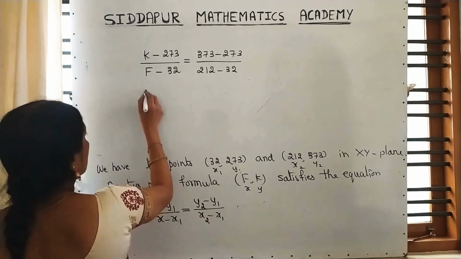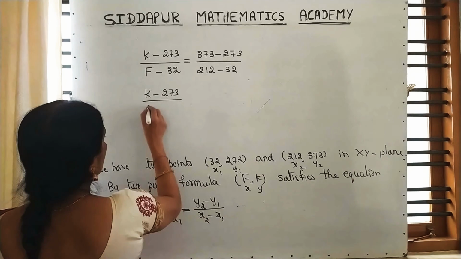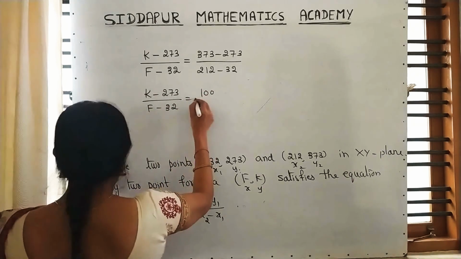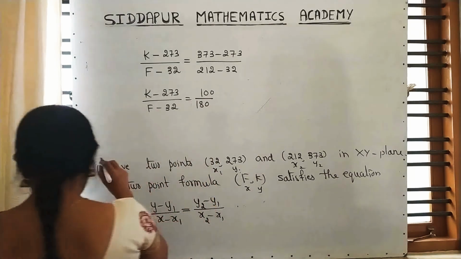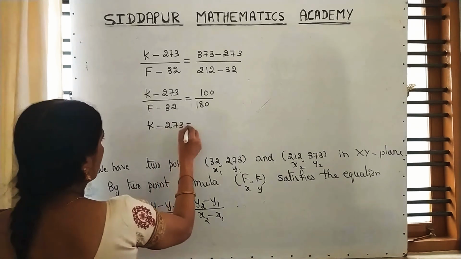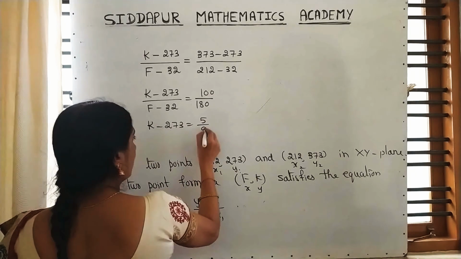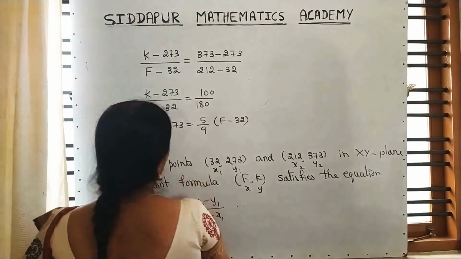Simplify this. K minus 273 upon F minus 32 as it is. This is 100 upon 180. Now simplify this. K minus 273 is equal to 100 upon 180, they get cancelled, 5 upon 9 in the bracket F minus 32.